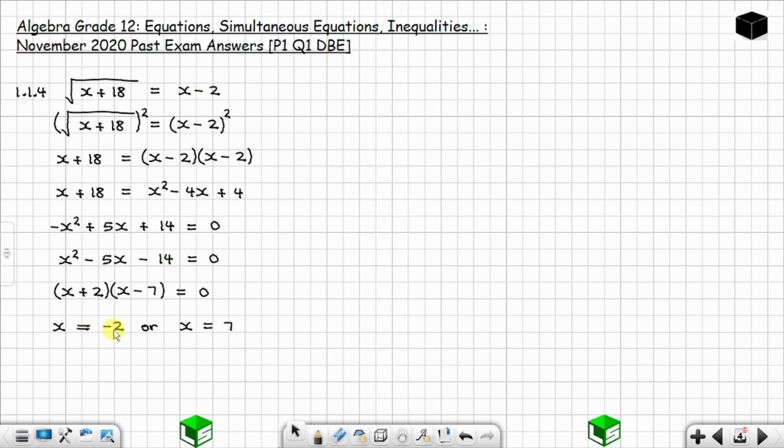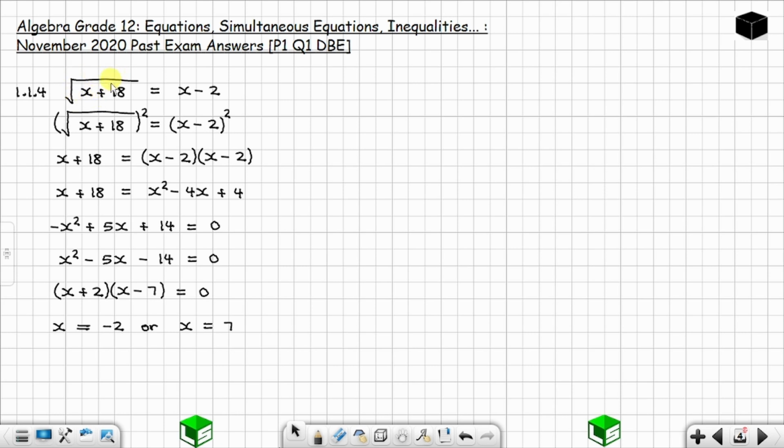Let's see with negative 2. If you take negative 2, you plug it in there, you're going to have negative 2 minus 2, which gives you minus 4, right? And you do the same, you take negative 2, you plug it in there, you're going to have negative 2 there, plus 18. So you have 18 minus 2, which is 16.